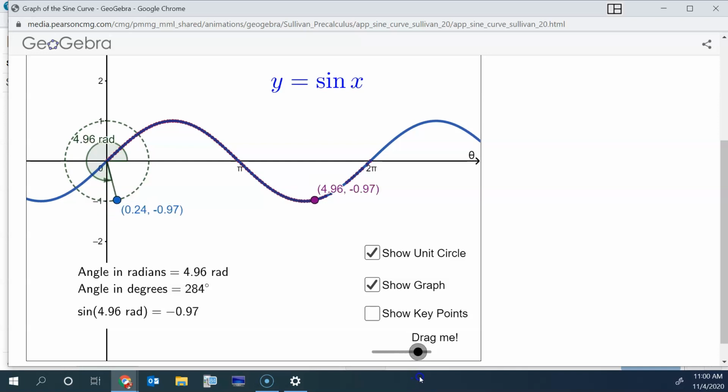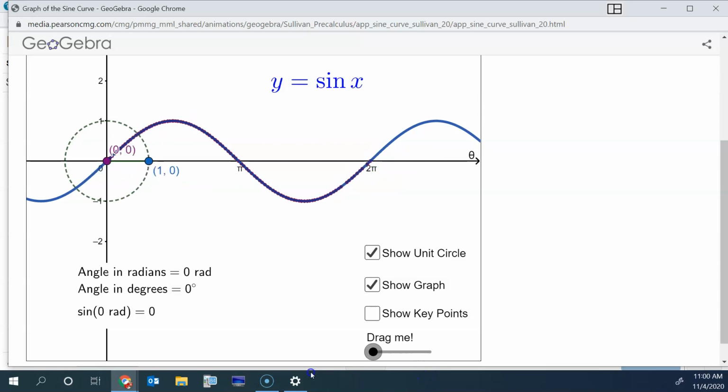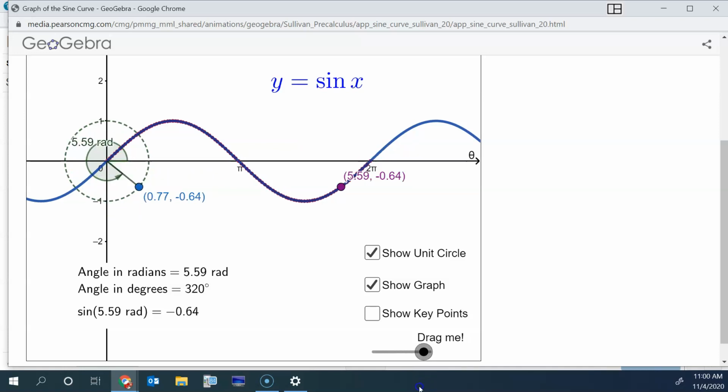And now as I go from 3 pi over 2 to 2 pi, the y coordinate is increasing, watch. The y coordinate increases to 1, then it decreases to 0, then it decreases to -1, and then it increases back to 0.